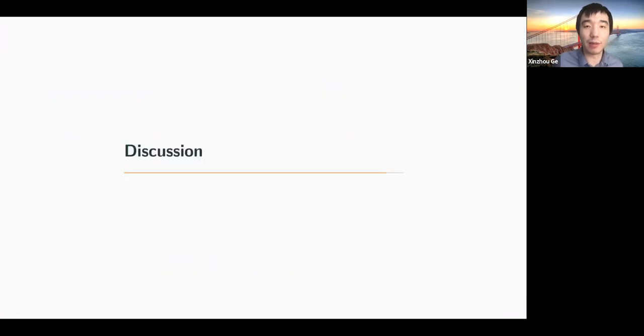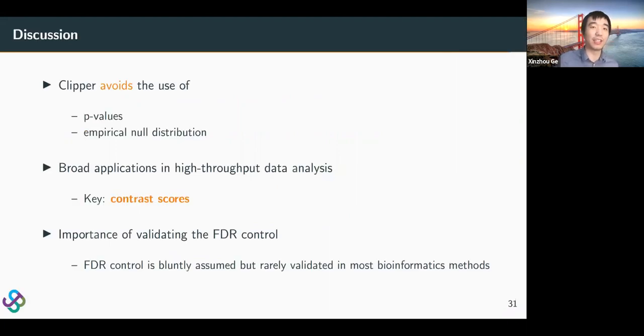So maybe I can just skip this and go to the discussion. To summarize, our method gets rid of the use of p-values, and we have broad applications in high throughput biological data using the concept of contrast scores.